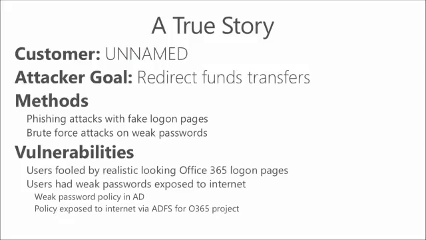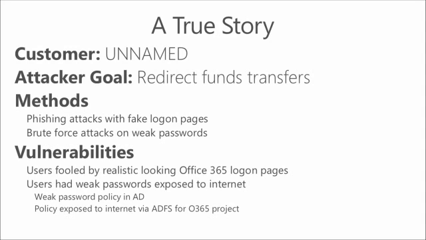I wanted to start this one with a customer who won't be named. They were targeted by an attacker, and that attacker's goal was to redirect funds. Part of this customer's business was to transfer funds between various accounts with some of their customers.